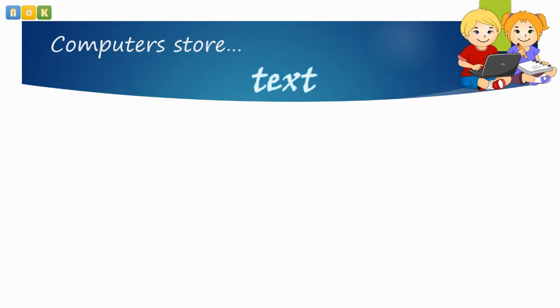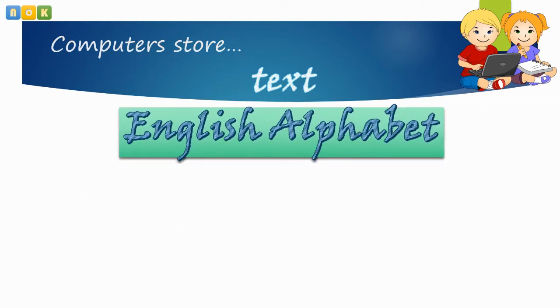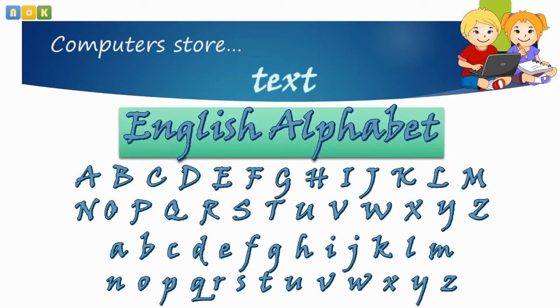To understand how computers store text, let's take, for example, the English language. It has the English alphabet that consists of capital letters and small letters. Each of these letters can be assigned a number value. Most commonly, the capital A is assigned the value 65, B 66, and so on.